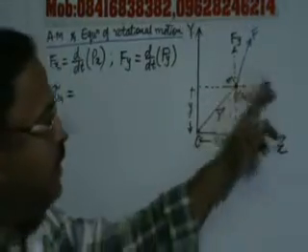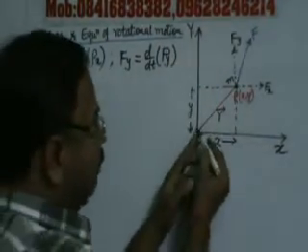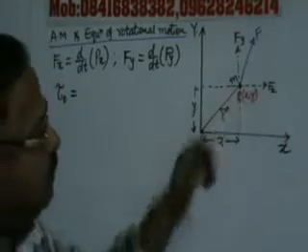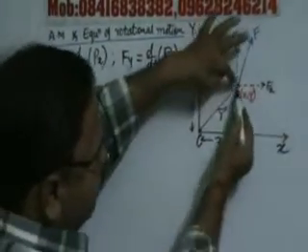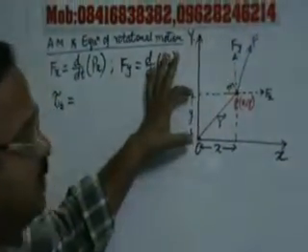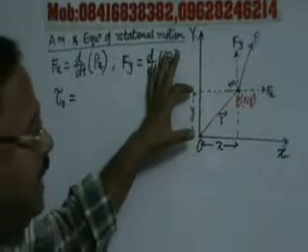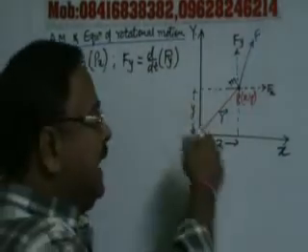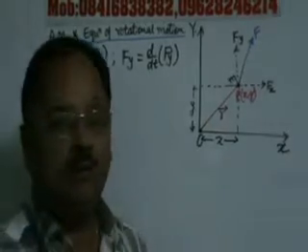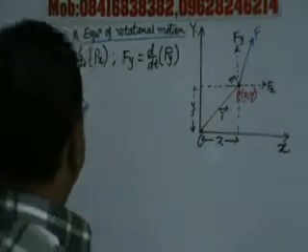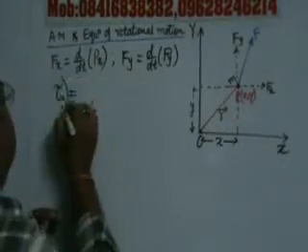So what is the torque by this force about the origin, tau O? It will be force into perpendicular distance, and this perpendicular distance is y, right? We will take anti-clockwise torque as positive.